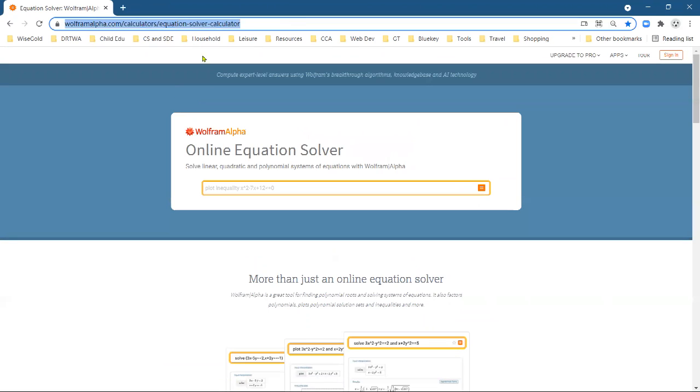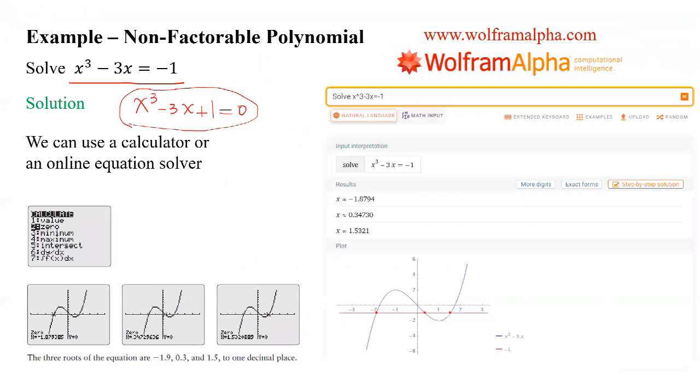Okay, you can just go to the website here and input your equation here. We have x cubed minus 3x plus 1 = 0. Okay, so now let's give it a try.